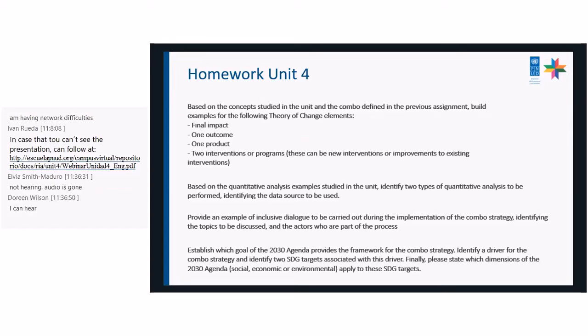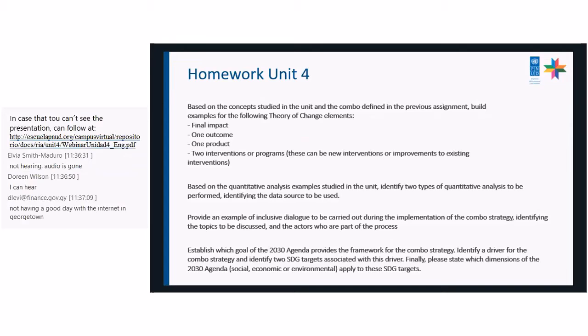What we want to do is to continue with the combo that you developed in the last unit, Unit 3. So now you have to continue developing some aspect of the theory of change. So what we want you to do is to think about the final impact of the combo strategy that you create, to think about one specific outcome, one product, and to think about 2 interventions or programs.